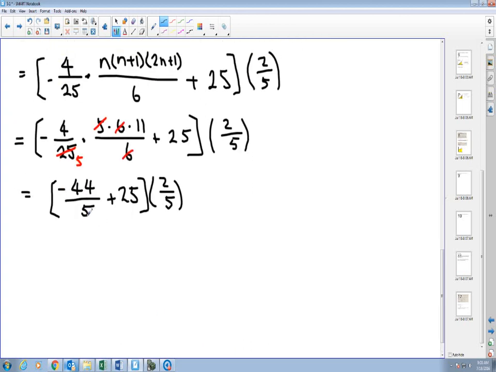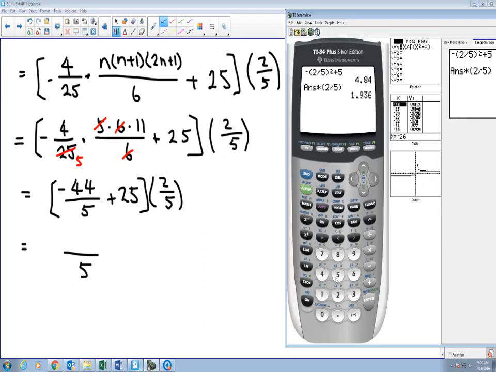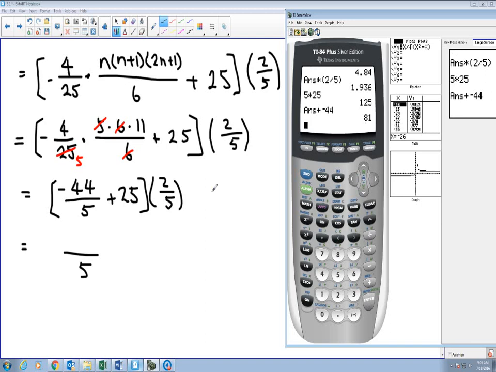Alright, negative 44 over 5 plus 25. 5 times 25, and add on the negative 44. 5 times 25 is this, plus negative 44 is 81.